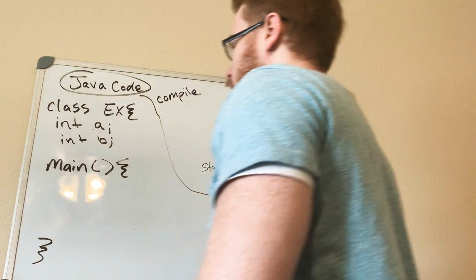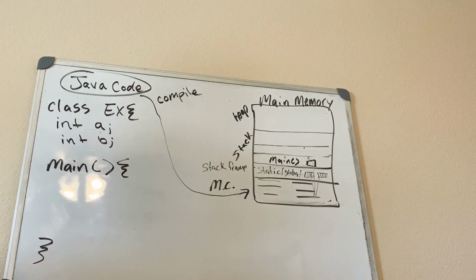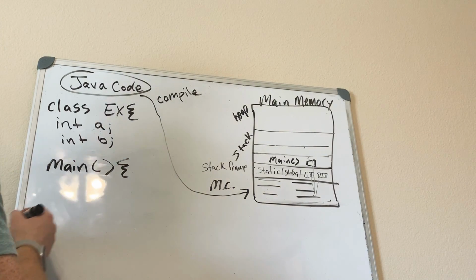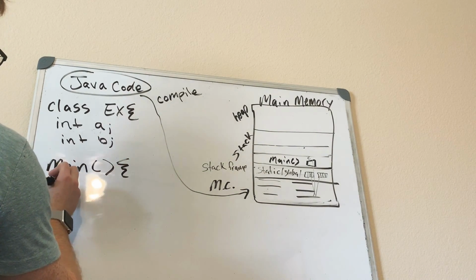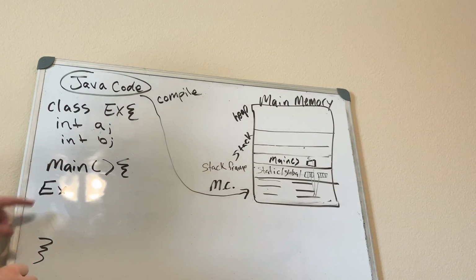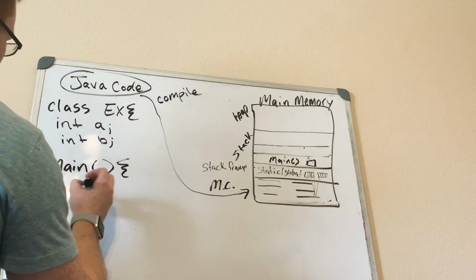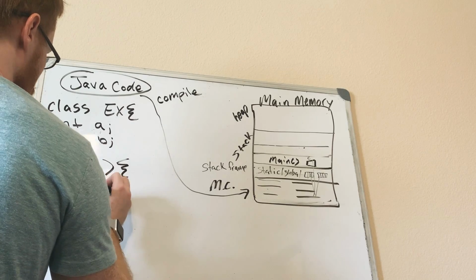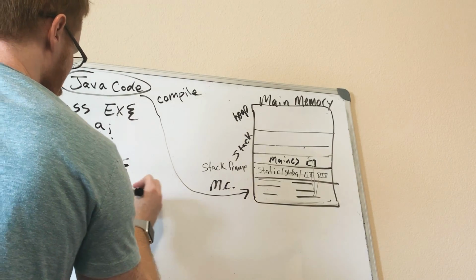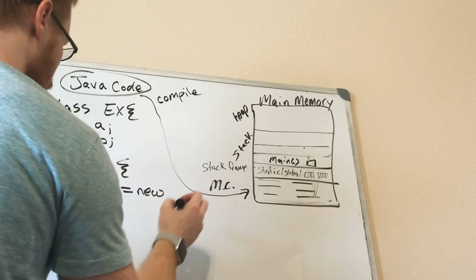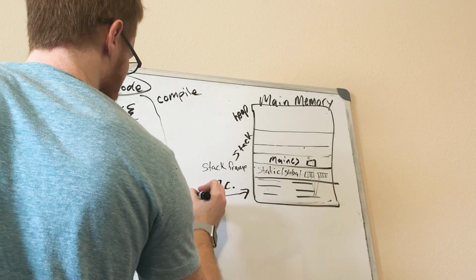So inside your main method, let's say you are creating an object. So ex of type ex, we're going to call it object1 equals new EX, just call the default constructor.